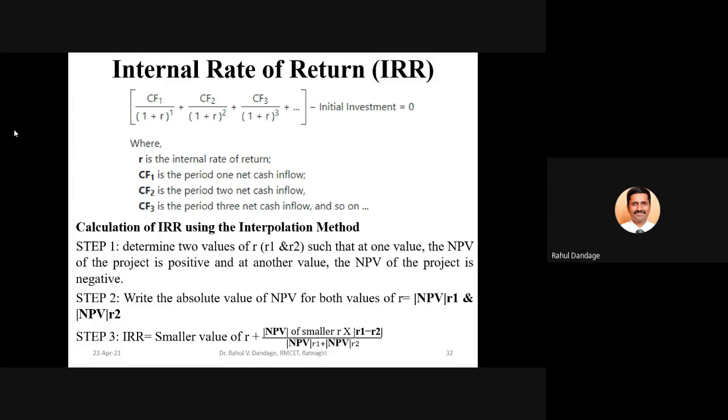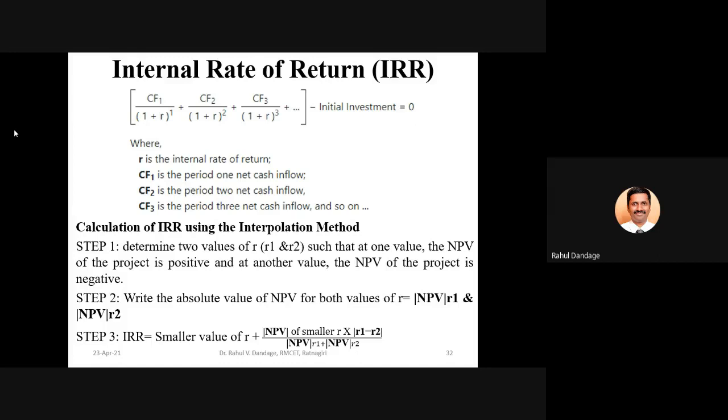Let us say the net present value is positive and much greater than 0, then we should increase R to the extent that the value becomes negative. If we already get a negative net present value for one value of R, then we should reduce the value of R so that the other NPV we get is positive.